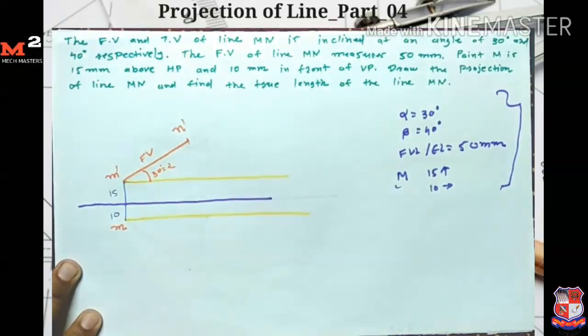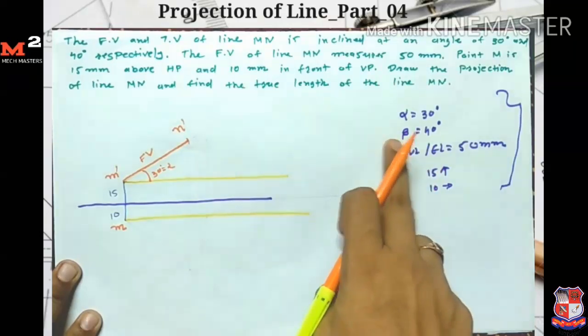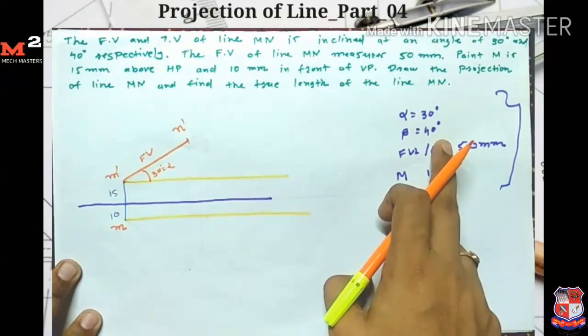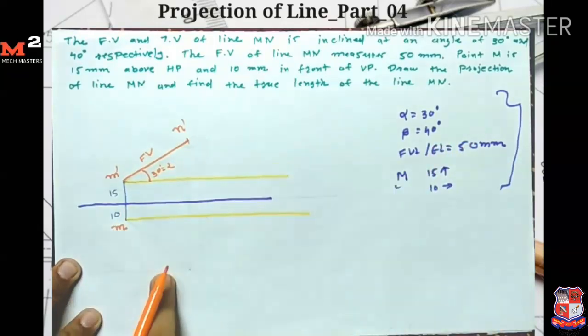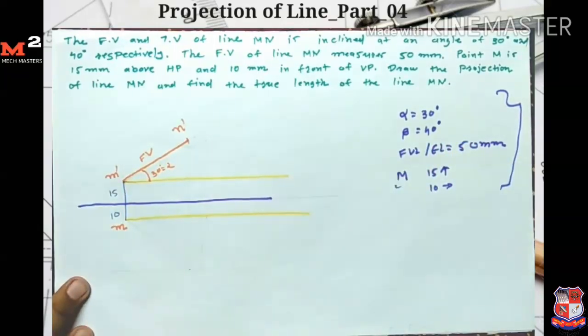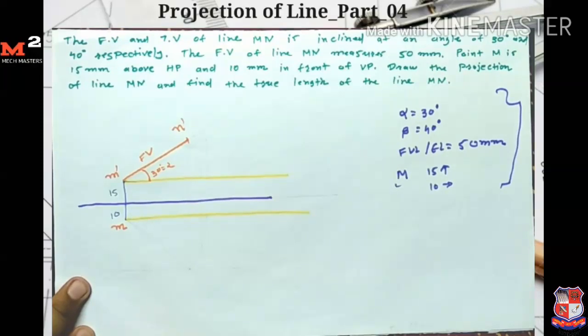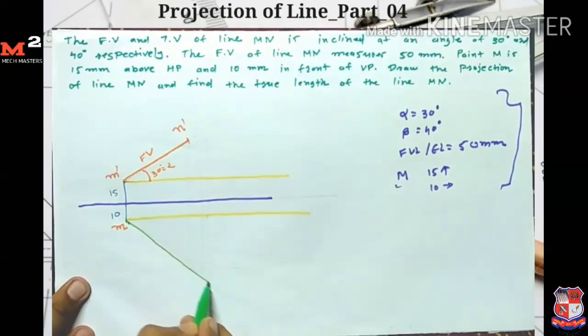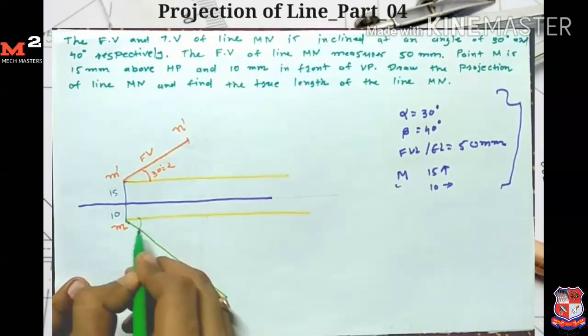Now another data is the angle made by the top view, which is 40 degrees. So from M point I measure the angle and draw one line here.